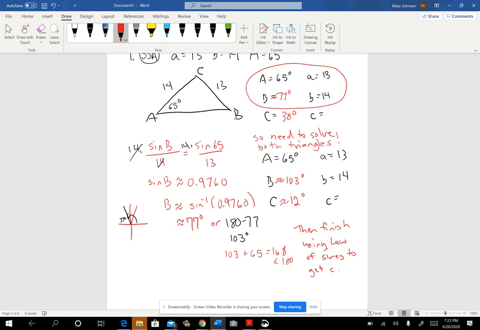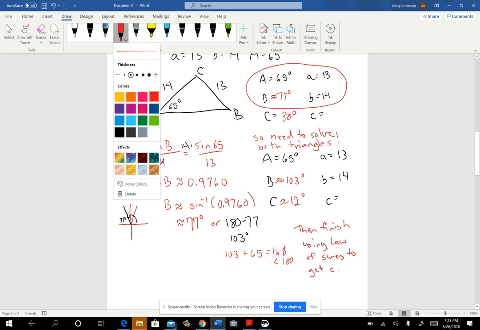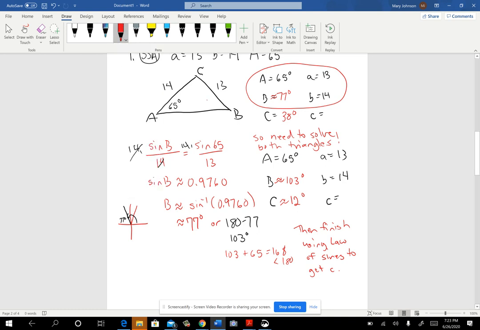All right. So I want to show you what the issue is. The issue is that we drew the triangle and it matches this picture with the 77 degrees right here. But if I took that side 13 and just flipped it, it could have formed a triangle over here where I had a B over here. So sometimes we talk about this being B prime, C prime, and little c prime, like it's the second triangle, the second option that you get.